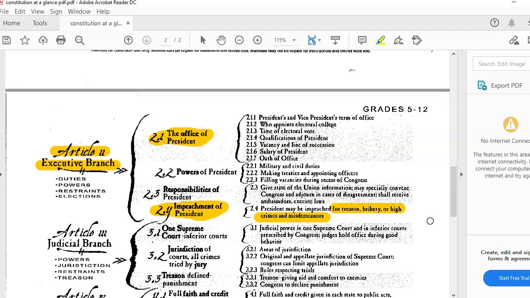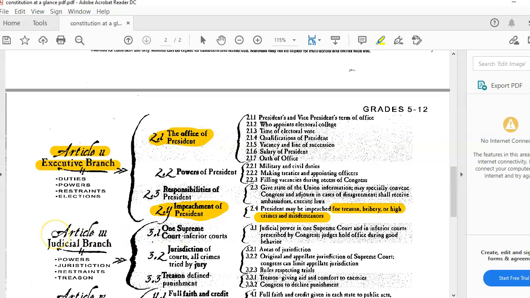So the House of Representatives brings the impeachment charges, but the Senate gets to actually hold the trial. So they get to say whether the president stays in office or goes out of office.